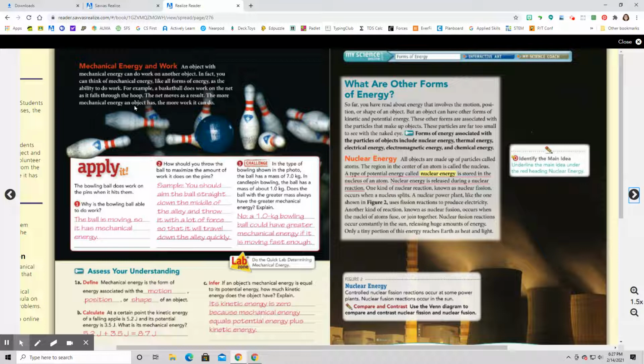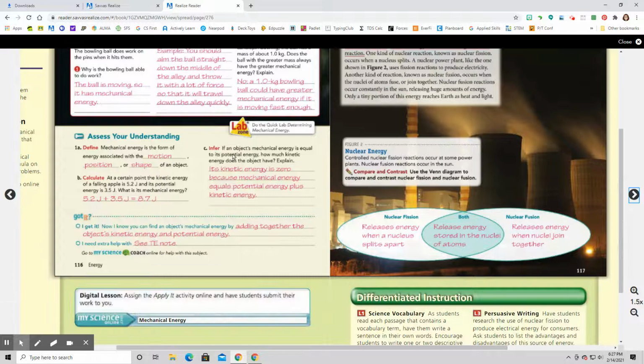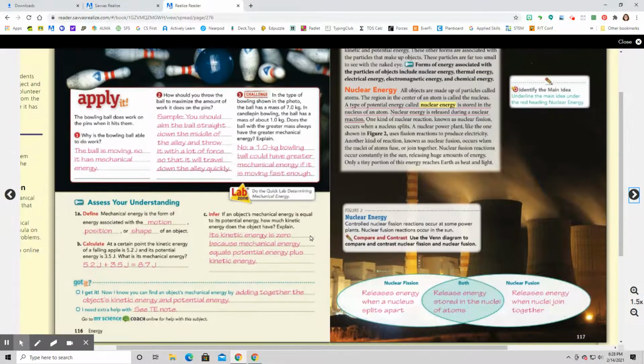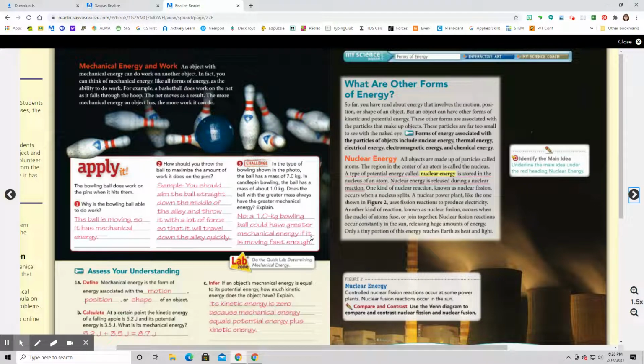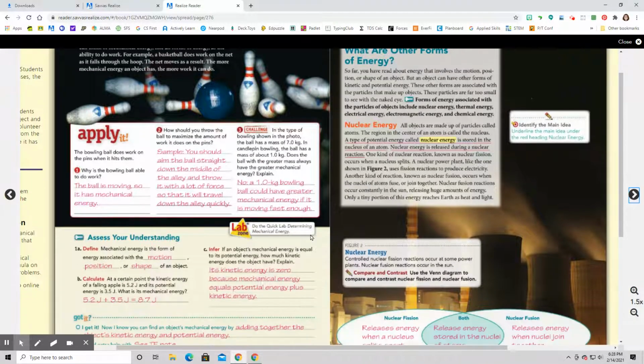The more mechanical energy an object has, the more work it can do. So to find an object's mechanical energy, you would add together the object's kinetic energy and the potential energy. So if you remember in our PhET activity, it not only used bar graphs, but it also used a pie chart. And the bar graphs you could see, remember they were connected.